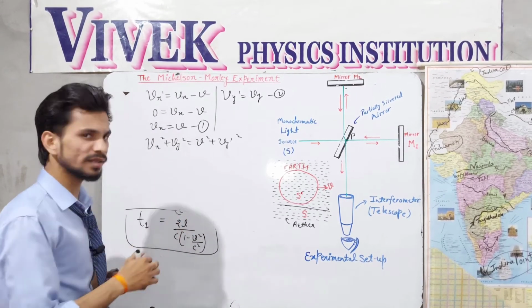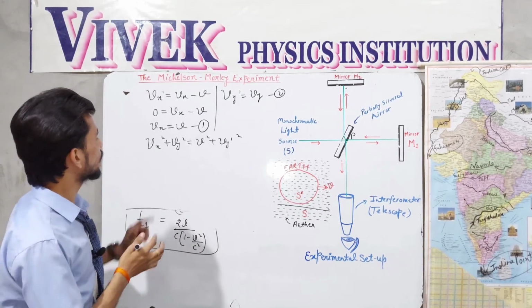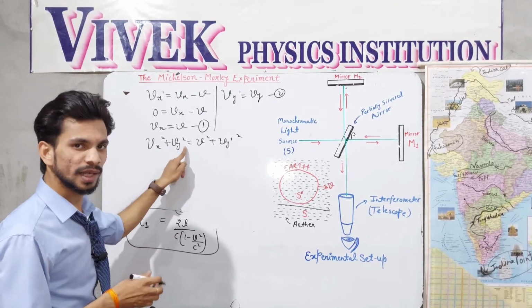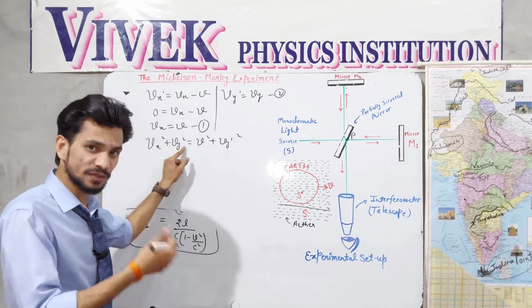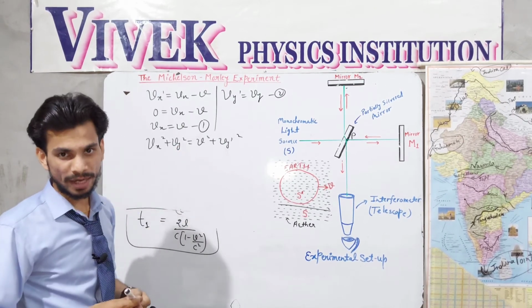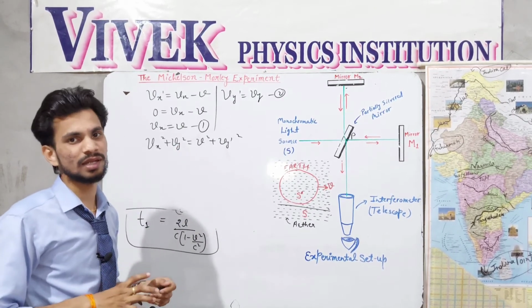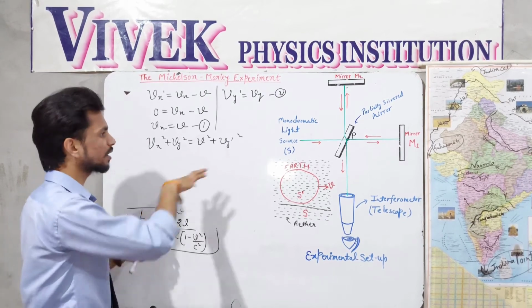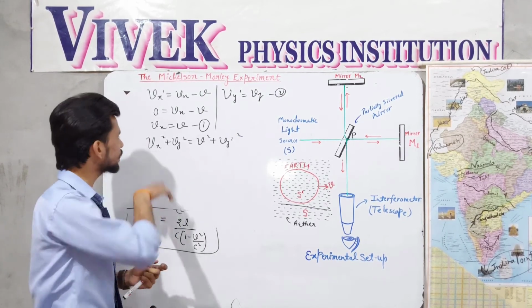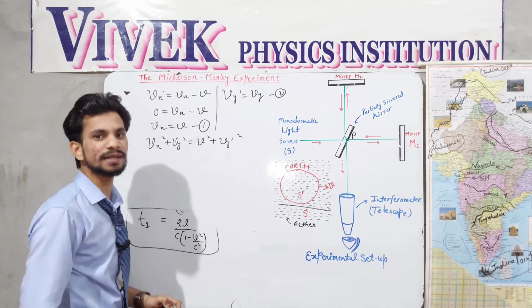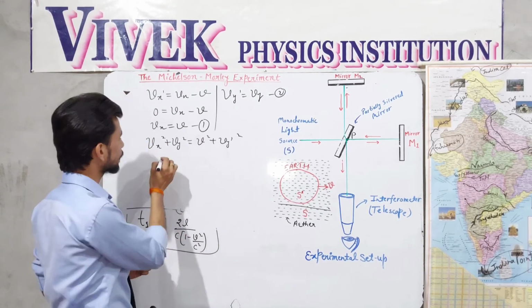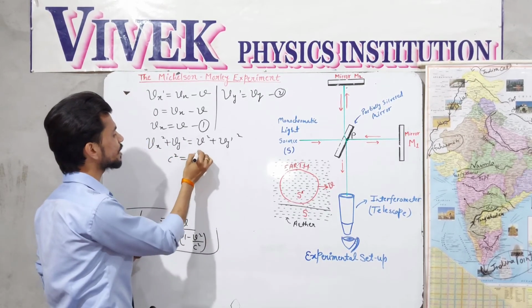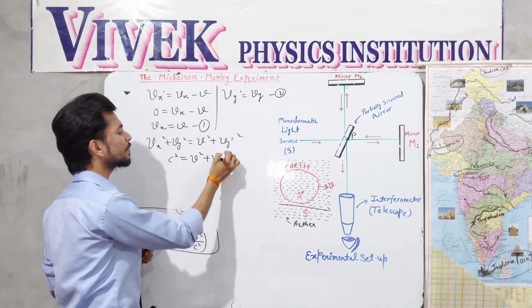Now you can easily see here that if it were Vx square plus Vy square plus Vz square, then that would be the magnitude of the velocity of light in space. Here the z-axis is not taken, that's why Vx square plus Vy square will be taken as c square. So c square equals V square plus Vy prime square.